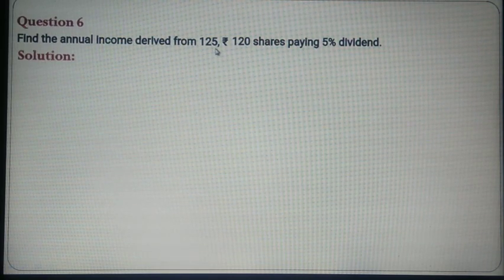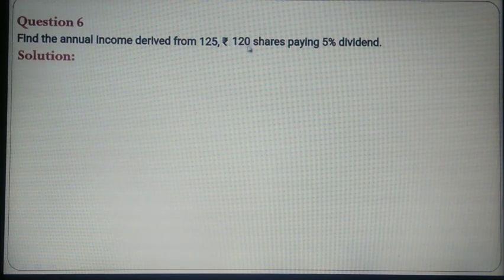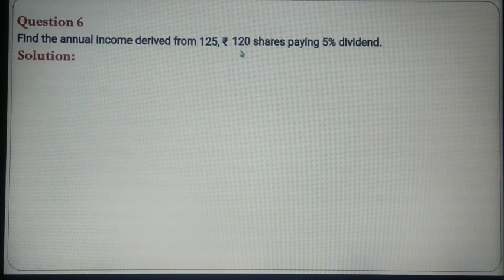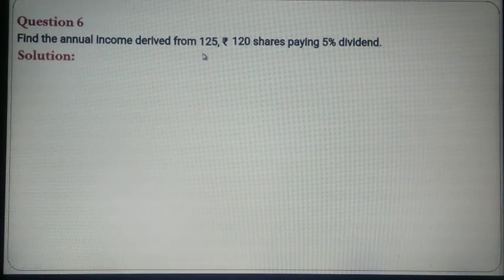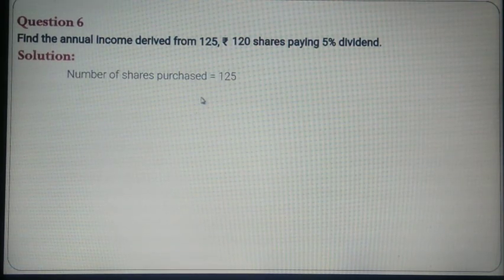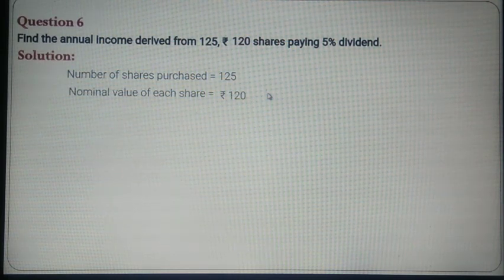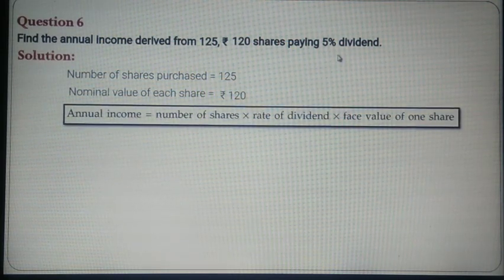There is no unit, that means this is the number of shares. That means nominal value on each share is how much? Rupees 120. Paying 5% dividend. So that means rate of dividend is 5%. So what is given to us? First is number of shares purchased, next is nominal value, and rate of dividend.